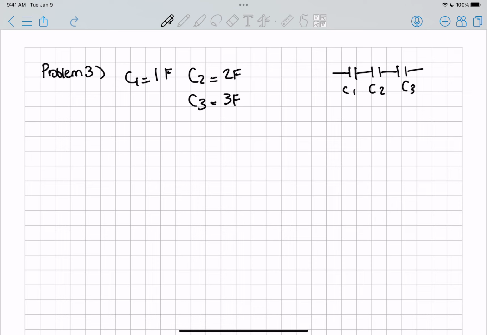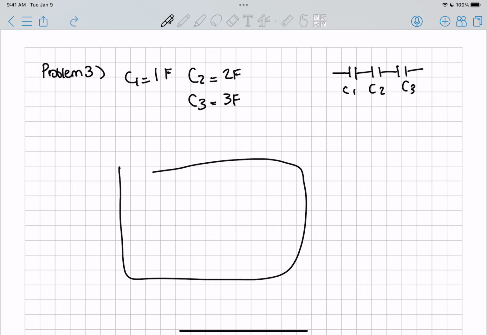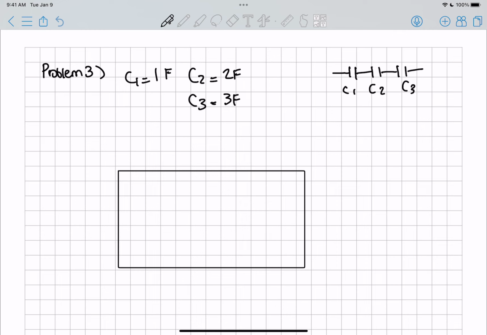So the idea for these circuits is, let's start off with a very simple type of circuit. We have a battery here. This is your positive terminal, this is your negative terminal. You might have a resistor here.